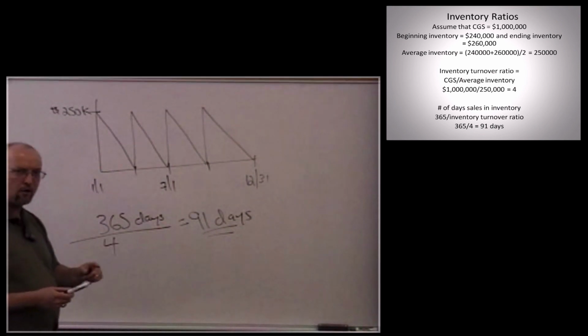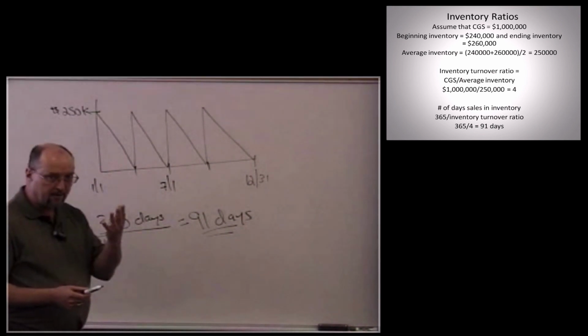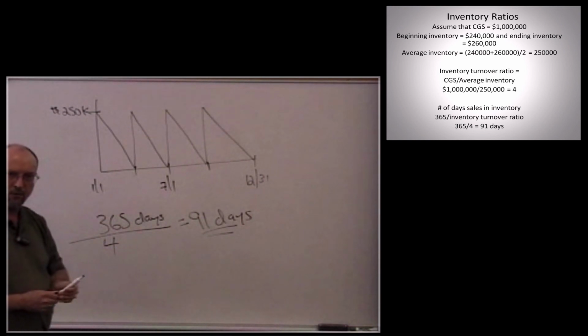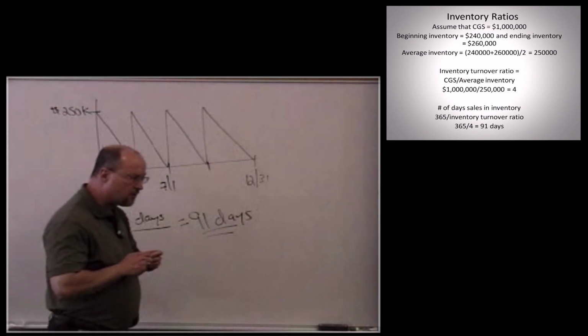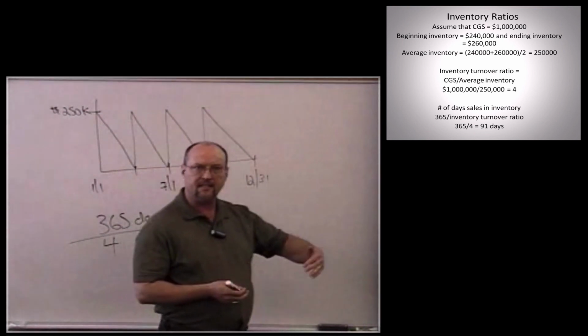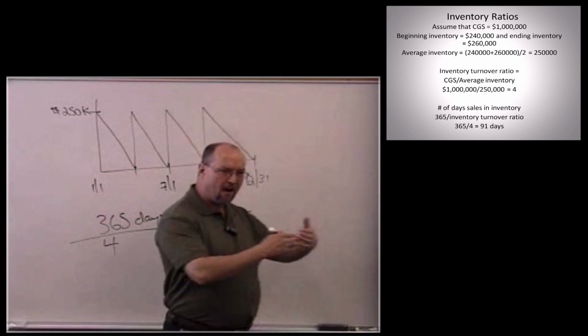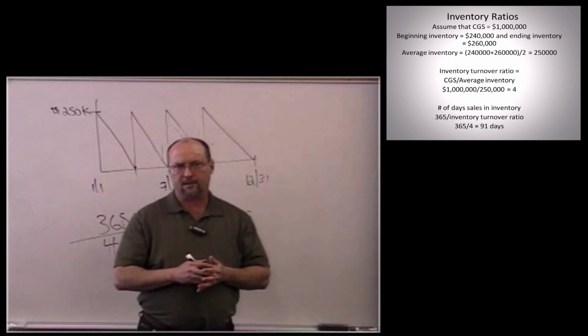If inventory turned over 4 times, okay, each month 30 days, it took about 3 months for me to sell my complete inventory. Now, of course, stores don't wait until they're completely depleted before they restock their shelves, but conceptually, it tells us how fast we are moving our inventory.